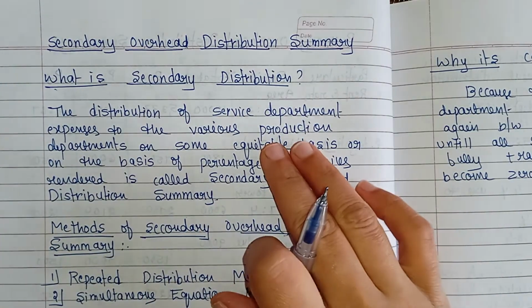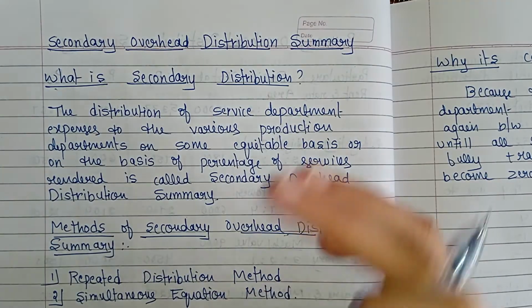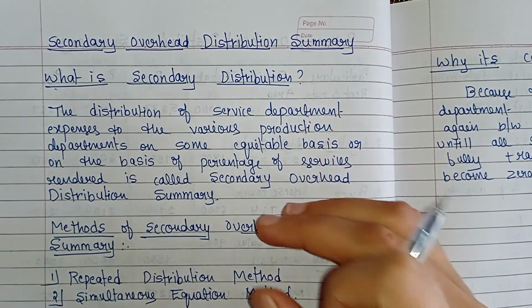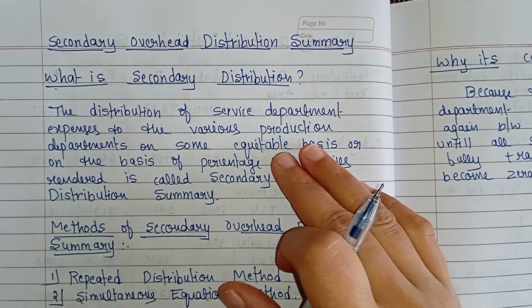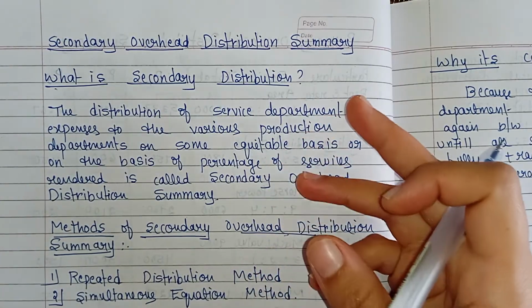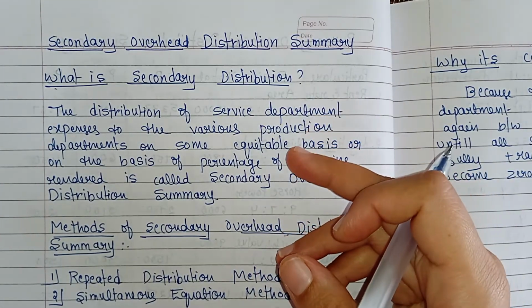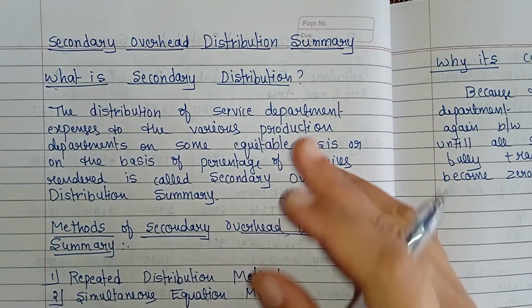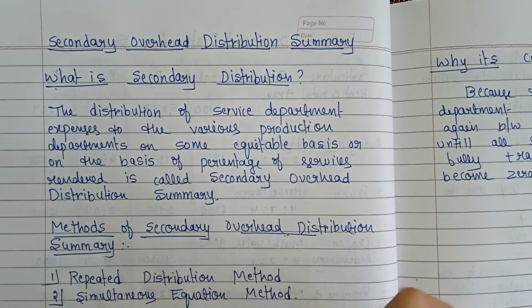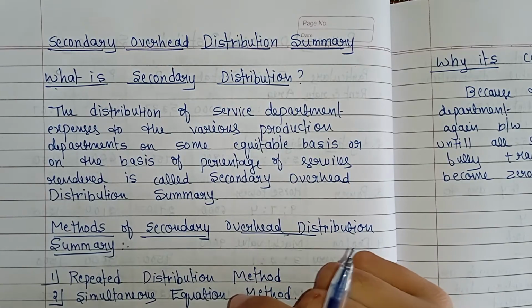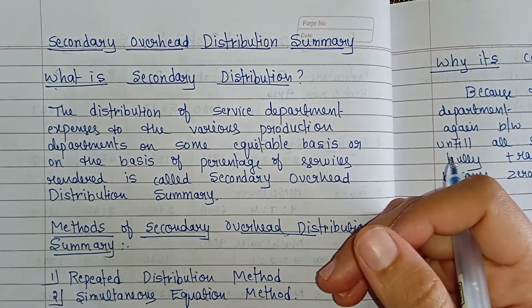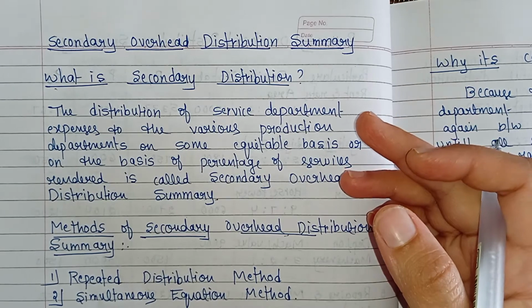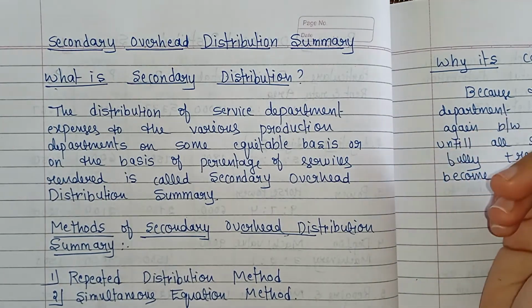Production departments are directly involved in manufacturing the product. But service departments like maintenance, canteen, powerhouse, etc., support the production process but do not produce the goods directly. So their cost needs to be distributed to the production departments.